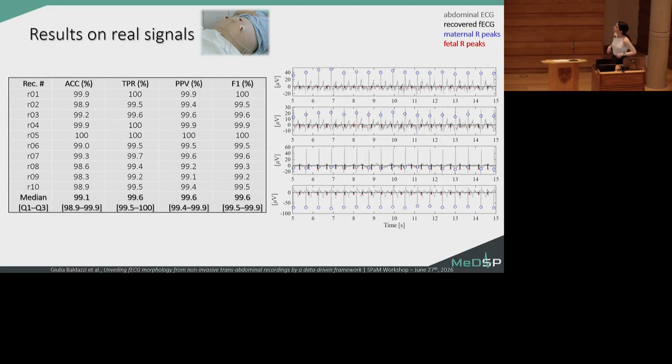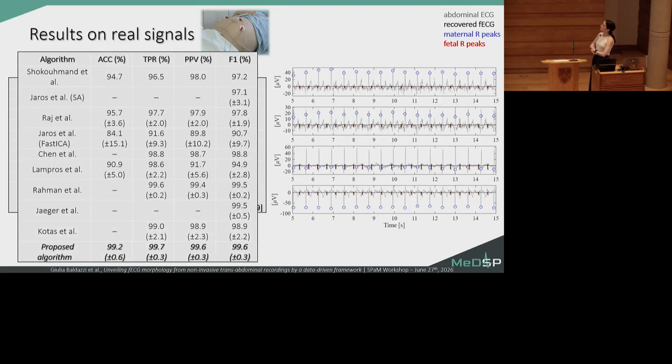So as regards the results on the Matonia et al. data set, that is in the last gestational period, we can say that our algorithm offers very good performance with a median accuracy, true positive rate, and F1 score over 99%.